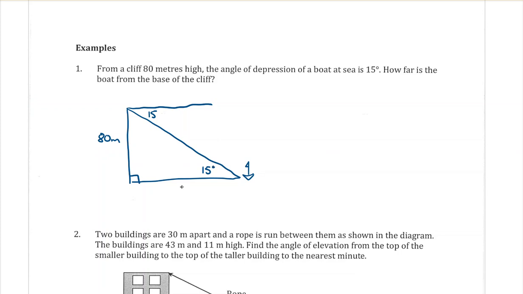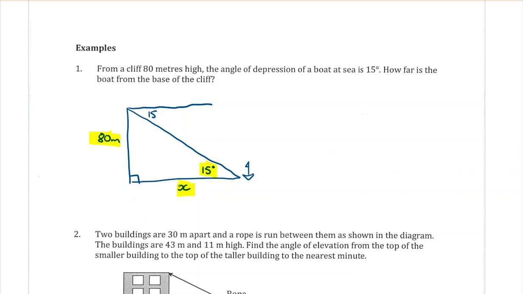Then I'm trying to find this distance, the one between the boat and the cliff. So I need to label that side. I've called it X. So I've got an angle. The side straight across, the 80, is going to be the opposite, and the X is the adjacent.